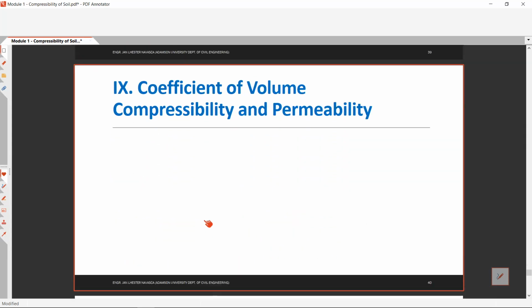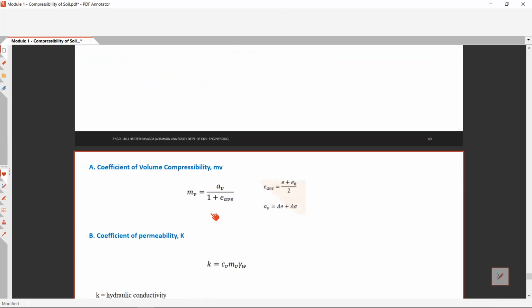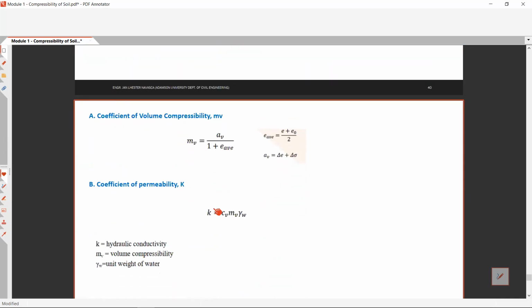So coefficient of volume compressibility and permeability. So this one tells us kung ano ba yung coefficient ng pagko-compress ng volume, or yung gaano ba kabilis nagko-compress yung volume natin ng clay layer natin.